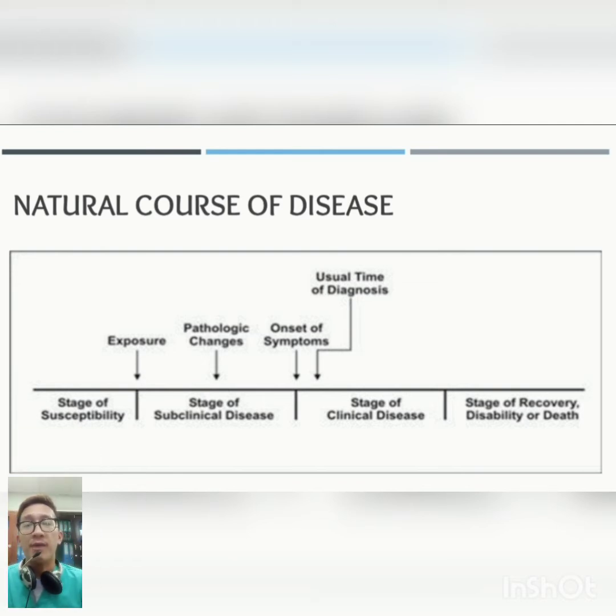After the disease process has been triggered, pathological changes then occur without the individual being aware of them. This stage of subclinical disease, extending from the time of exposure to onset of disease symptoms, is usually called the incubation period for infectious diseases and the latency period for chronic diseases.